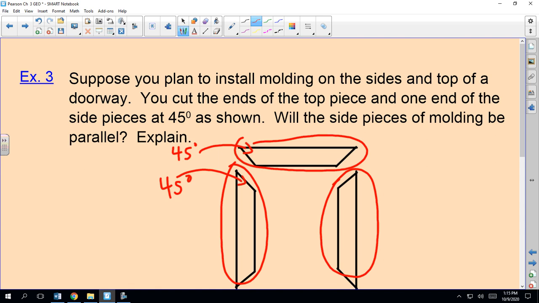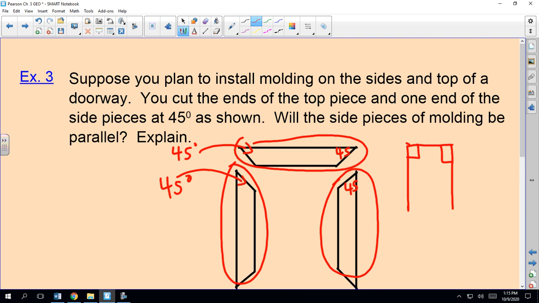Will the side pieces of molding be parallel? Well, when you put those two 45s together, they make one single 90-degree angle right there. And then on the other side, when you put this 45 together with this 45, you've got another 90-degree angle over here, which guarantees that the sides will be parallel.